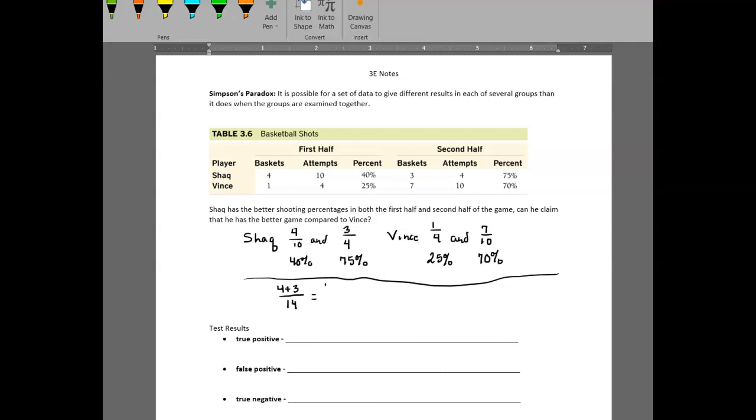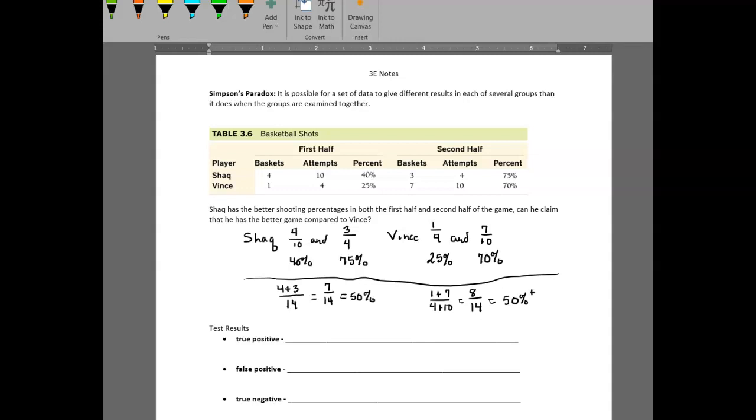So that is 7 out of 14, or a game average of 50%. Whereas Vince had 1 and 7 out of 4 and 10 for the game. So he has 8 out of 14, which is a little bit better than 50%.